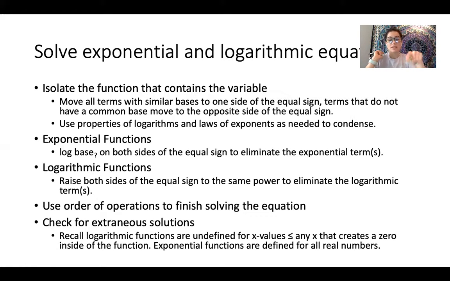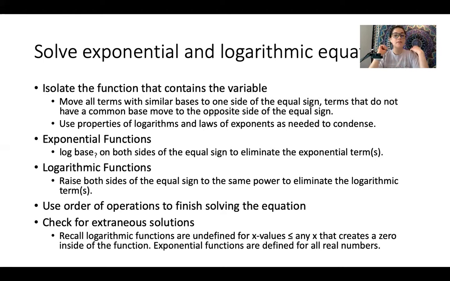The last thing we need to do, and this is a big one, please mark it up, make sure you write this down in your notes, is that we need to check for extraneous solutions. An extraneous solution is a solution that we get when we're solving that doesn't actually work because it's outside of the domain that we are allowed to have. Our log function will be undefined if whatever we're taking the log of is less than or equal to 0.